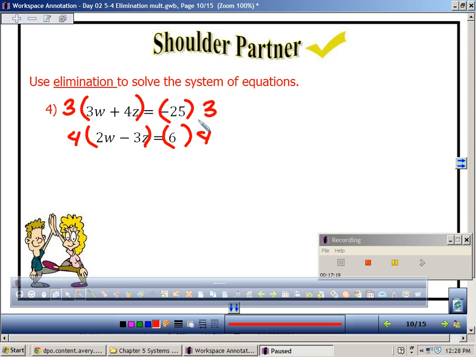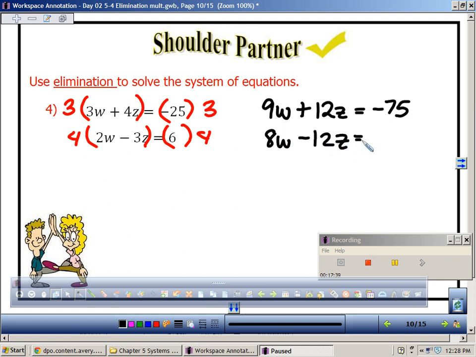And when I do that, I would get 9w plus 12d equals -75, and 8w minus 12d equals 24, and I would solve accordingly.